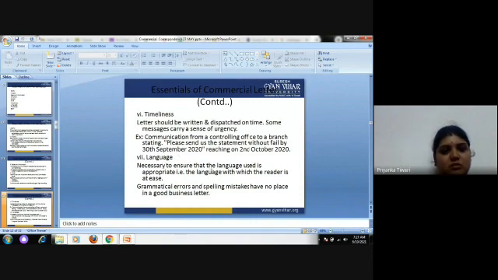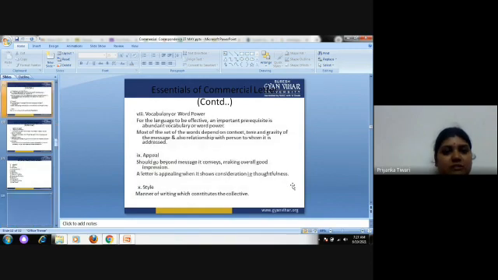Language is necessary to ensure that the language used is appropriate, that is, the language with which the reader is at ease. Grammatical errors and spelling mistakes have no place in a good business letter.